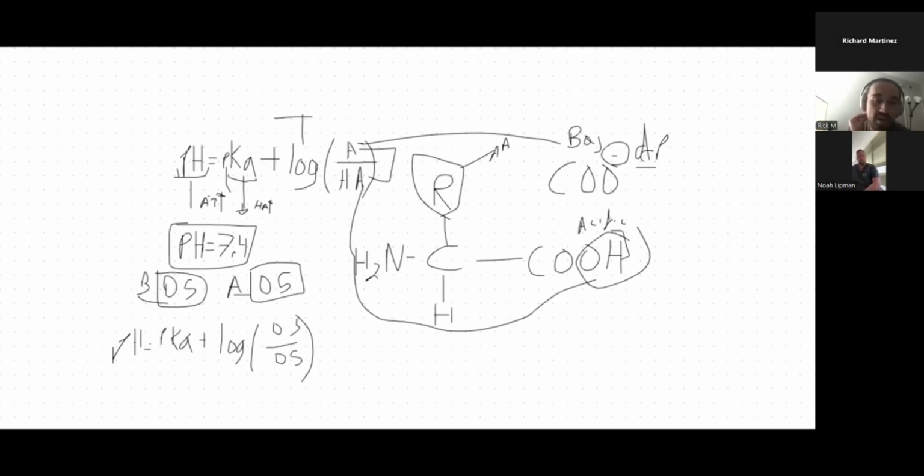We don't, but there are some that we do need to know. There's some that we need to just quickly know. Log 1, log 2, log 3. And with quick math, we can know that something over something is the same thing. So 0.5 over 0.5 is going to equal 1. That's basic math.